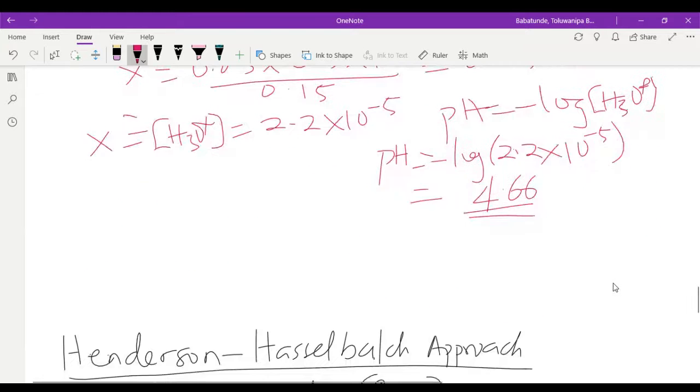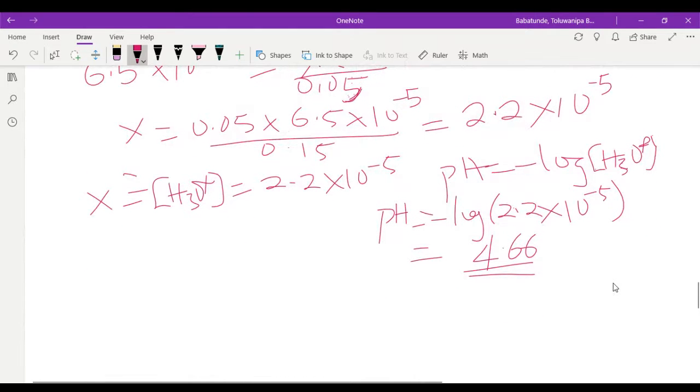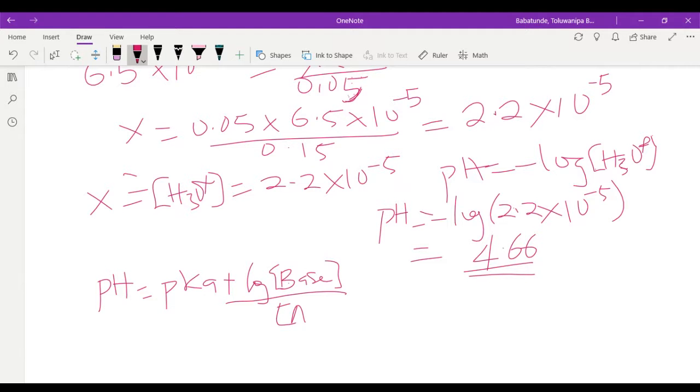We can use the Henderson-Hasselbalch equation again to solve this. It can be, which we say pH equals pKa plus the log of concentration of the base over the weak acid.